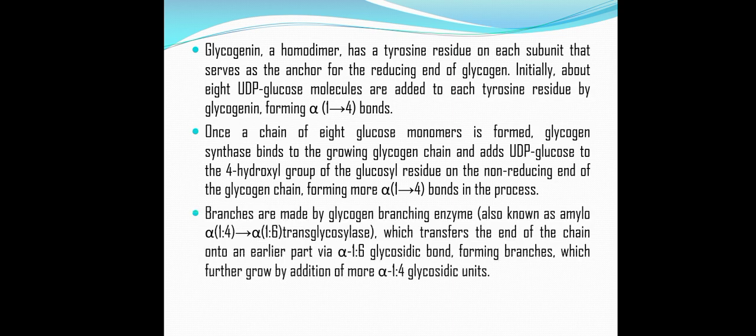It is responsible for transferring the end of the chain onto an earlier part via the alpha 1,4 glycosidic linkage, and responsible to form the branches, which further grow by addition of more alpha 1,4 glycosidic units. Means only at the branching point there is the presence of an alpha 1,6 linkage, at which there is the activity of this transglycosylase enzyme.